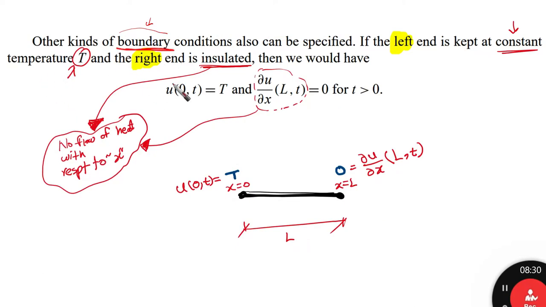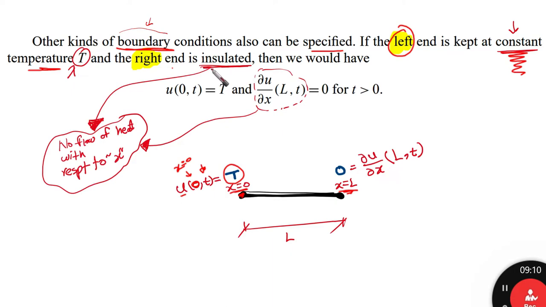Okay, now let's go to another kind of boundary condition. Let's assume that the left end, at x equal to 0, is kept at constant temperature T. So u of 0 and t, the temperature of this end at any time t, is going to be constant T. And the right end, at x equal to L, is insulated.